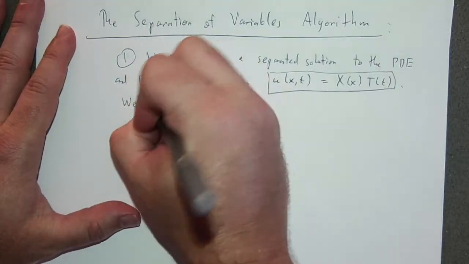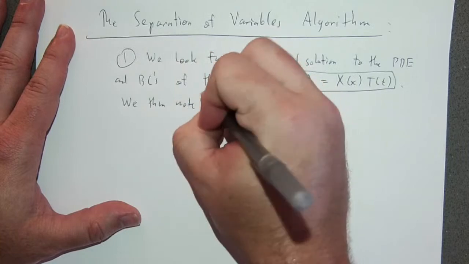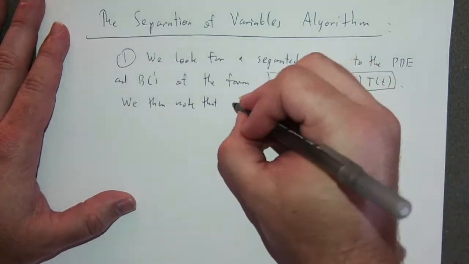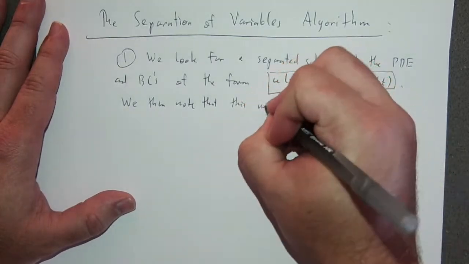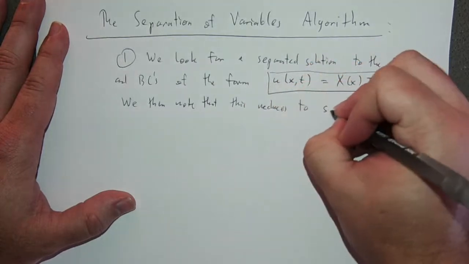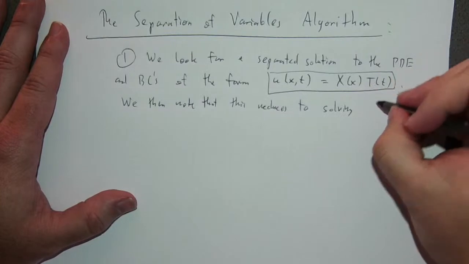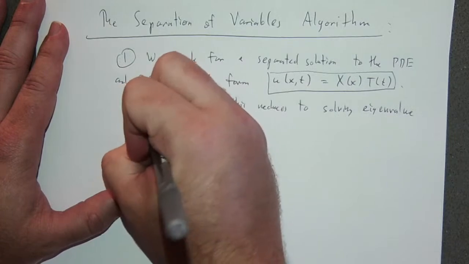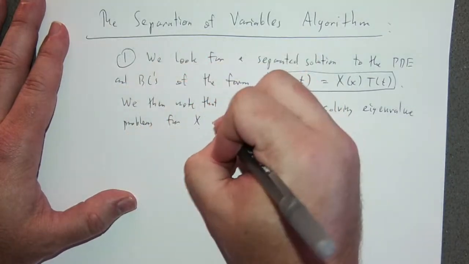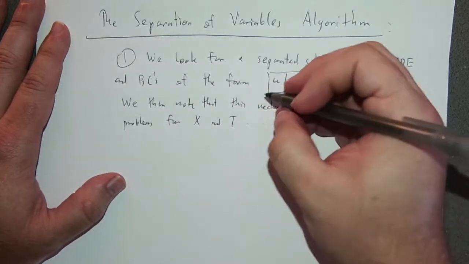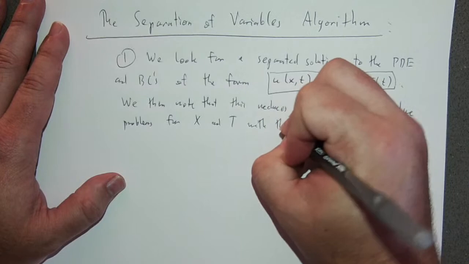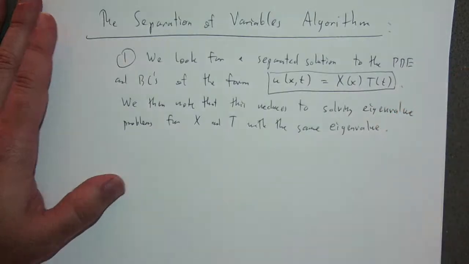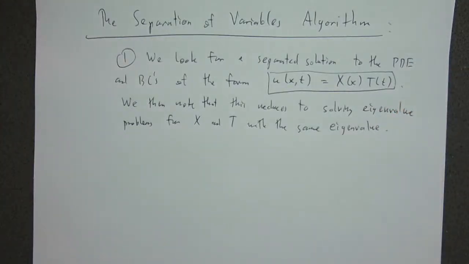We then note that the separated solutions reduce to solving eigenvalue problems for X and T with the same eigenvalue. That's step one. And we'll see how that works.